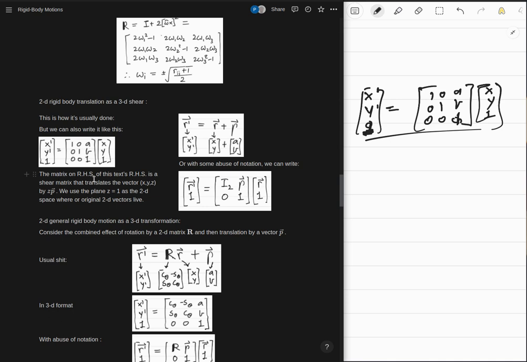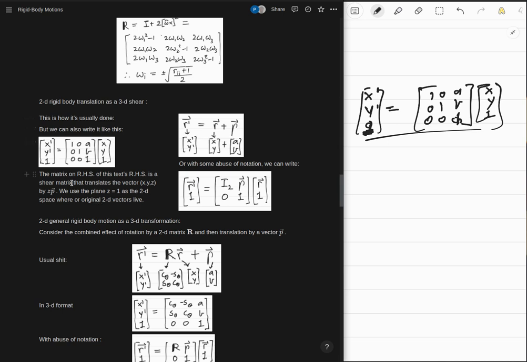The matrix on the RHS of this text is a shear matrix that translates the vector xyz by z p vector. We use the plane z equal to 1 as the 2D space where original 2D vectors live.